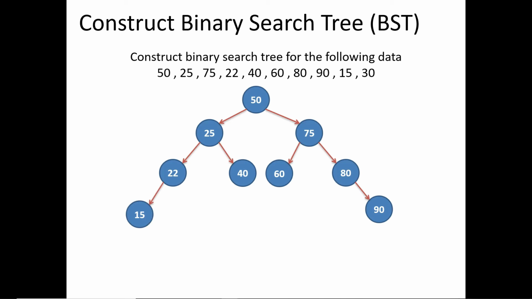Now 30 is greater than 15, so we have to check the next node. The next node is 25 and 30 is greater than 25, so we have to go to the right side of 25. Then there is node 40 which is greater than 30, so 30 becomes the left child of node 40. So this way we can construct a binary search tree by using key values.